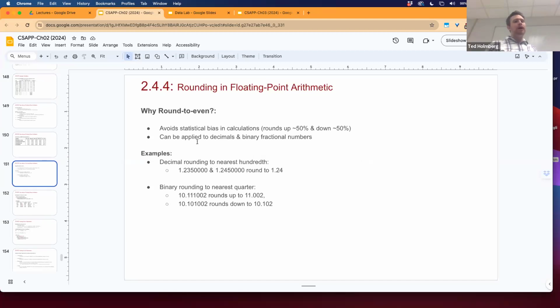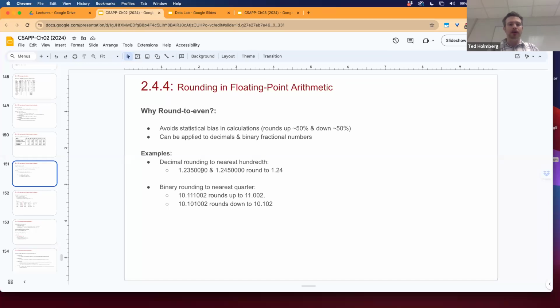Yeah, so why round to even? As we stated earlier, it avoids those statistical biases in calculations. So half the time we're rounding up, the other time we're rounding down. And now in terms of examples, the examples where we'd actually see this are not usually on integers, right?